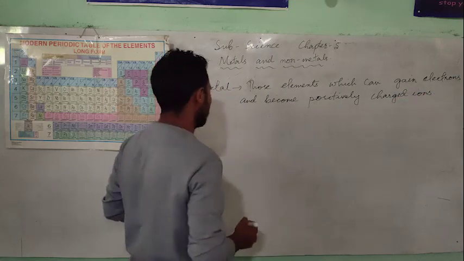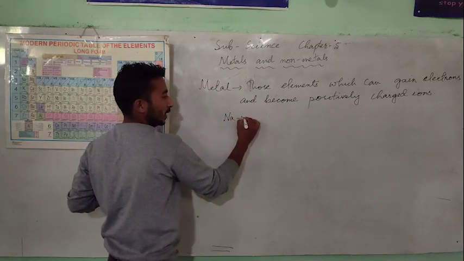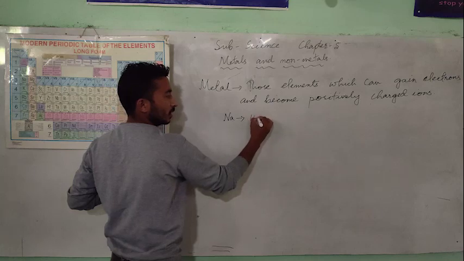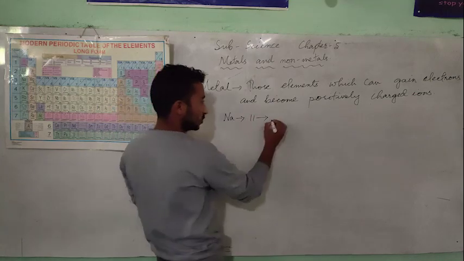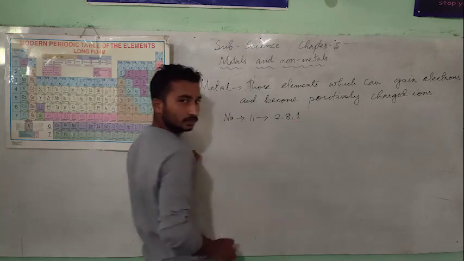Let's take an example, say sodium. The atomic number of sodium is 11. Its electronic configuration is 2, 8, 1.